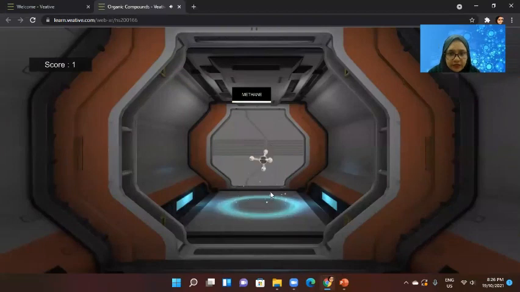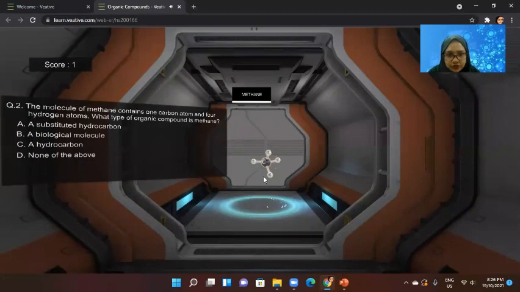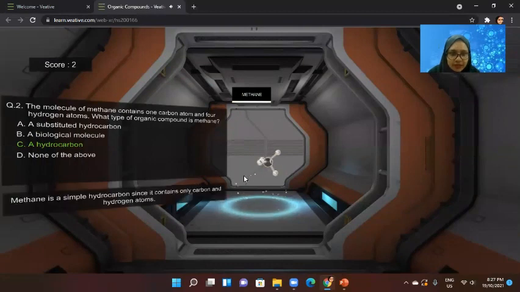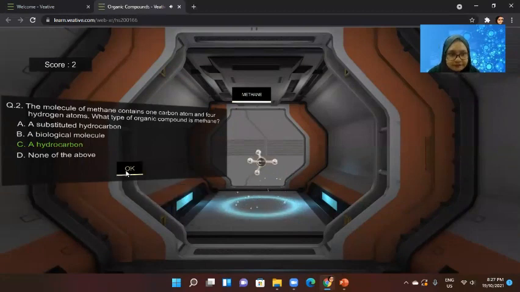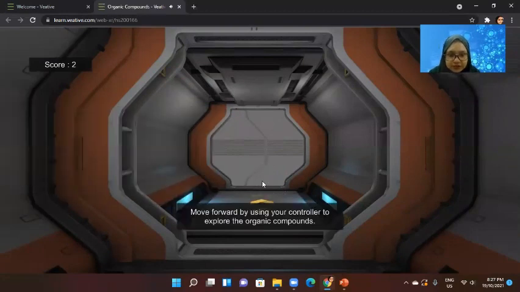Methane. Okay, methane contains carbon and also hydrogen. Okay, so what are they? Yes, hydrocarbon. Right. Okay, so it is a simple hydrocarbon where 1 carbon and 4 hydrogen. Okay, let's move forward.